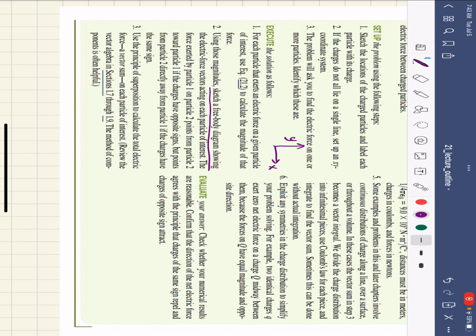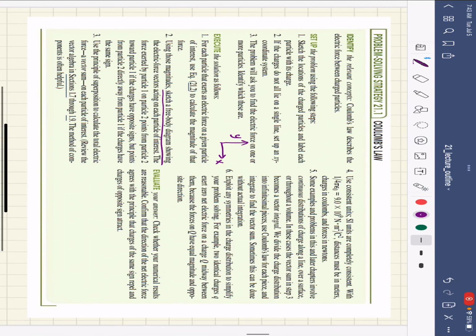You will use the principle of superposition, which I was talking about in sections 1.7 through 1.9, the methods for adding vectors. Mostly we will use adding components, which is the easiest when it is a two-dimensional problem. Also, I use K electric simply as 9 times 10 to the 9.